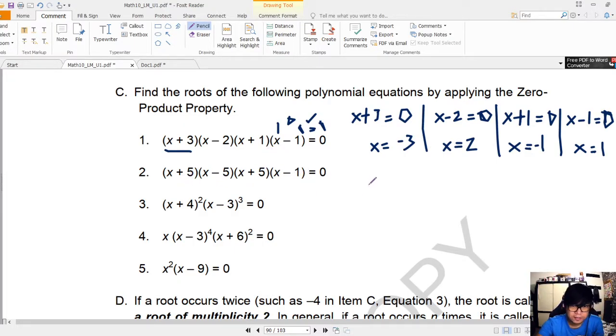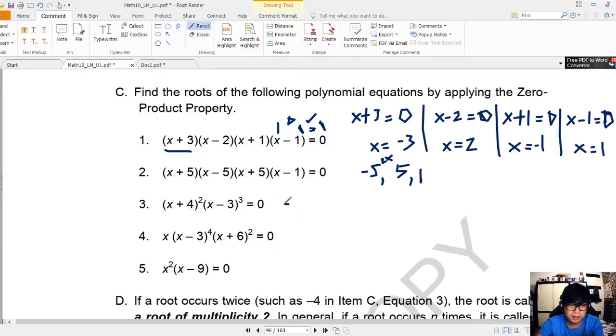Ito, madali na lang ito siya. First root natin dito is negative 5. The second root is 5. The third one is negative 5, 2 times. Tapos, 1. Yan lang. So, 4 yung real root: 1, 2, 3, 4.